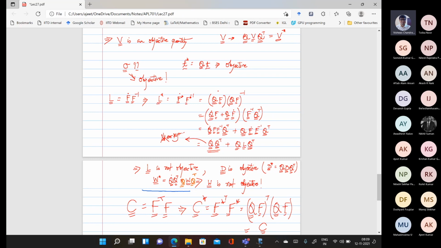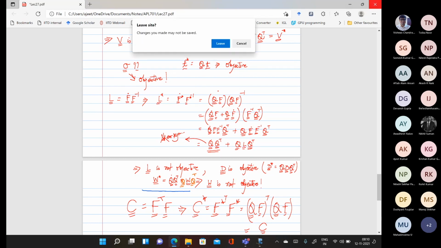You can't put a restriction on Q, because to check objectivity, it has to be checked for Q which are dependent on time. So in general we cannot put any restriction on Q. That means if you really want A dot to be objective, then A has to be special. Let's see if we can work it out.